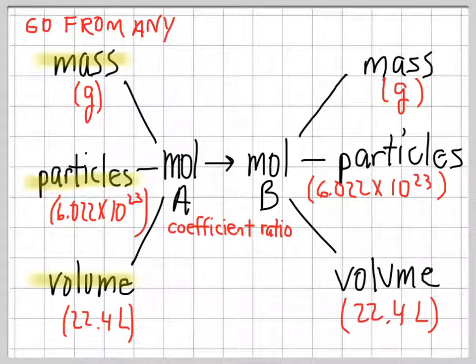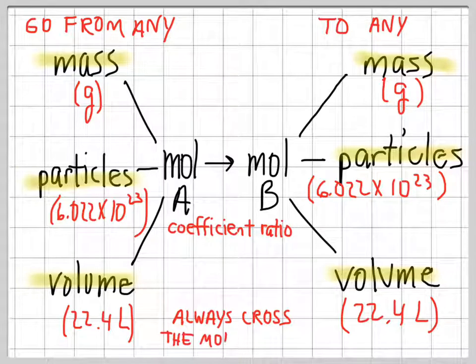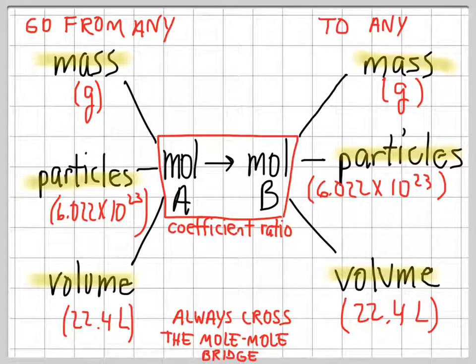Then do the same thing on the right: mass, particles, volume. You may be asked to go from any of these in substance A, mass, particles, or volume, through the mole-mole bridge to any of those features for substance B, mass, particles, or volume. But you will always cross the mole-mole bridge.